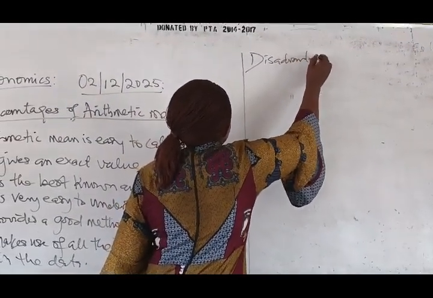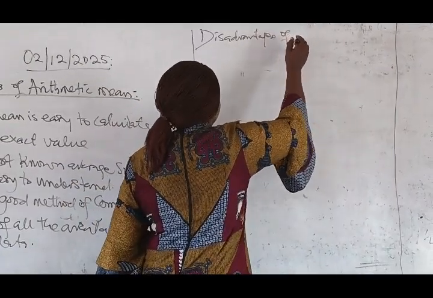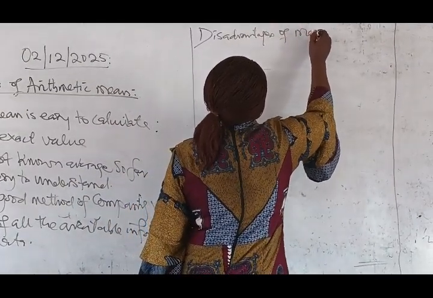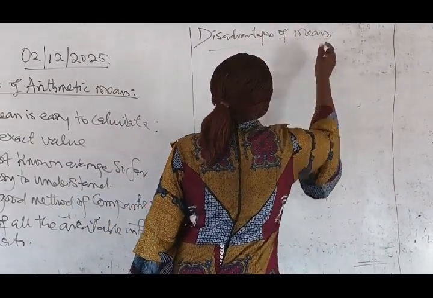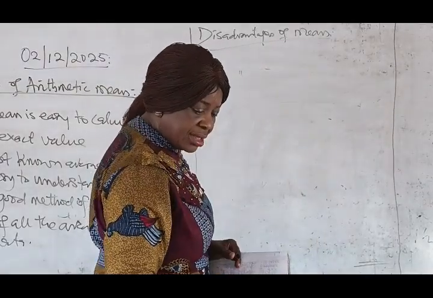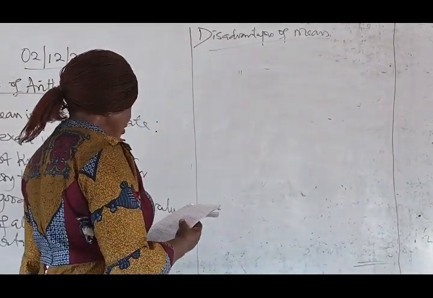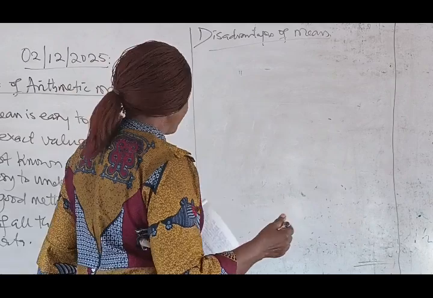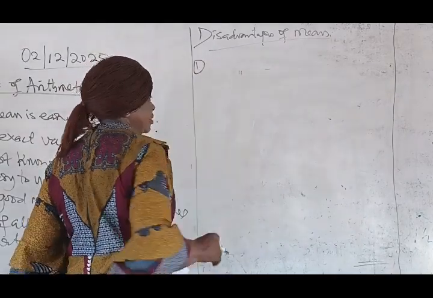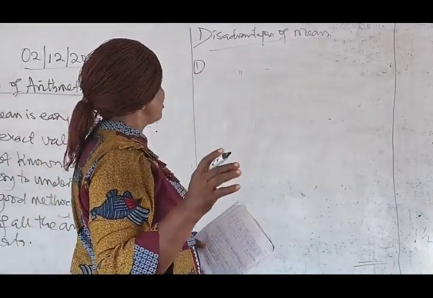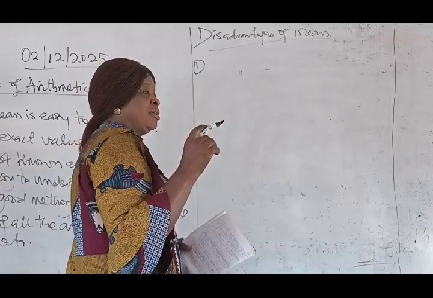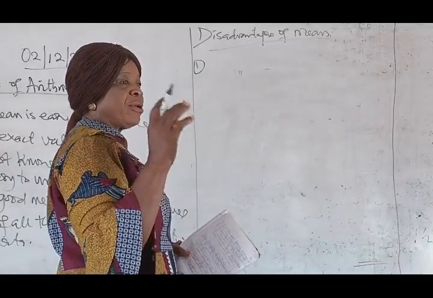Disadvantages of the mean. So what are the disadvantages? One, it cannot be obtained graphically. That's one of the advantages of other measures of central tendency, that you can obtain them from a graph.